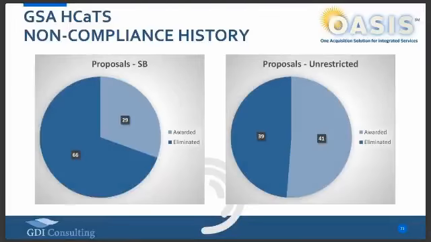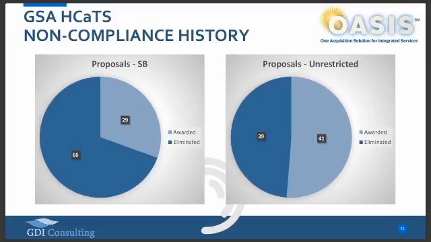Okay, now let's look at that non-compliance history. We didn't have the numbers for OASIS, but we did have the numbers for HCATS, which is on the training side of these RFPs, and it's one of those GSA multiple award GWACs, a very large billion-dollar project.